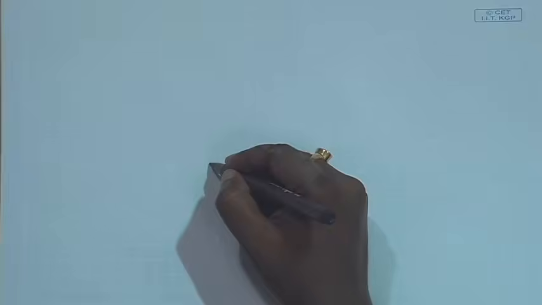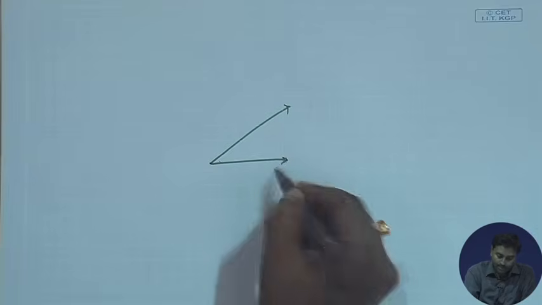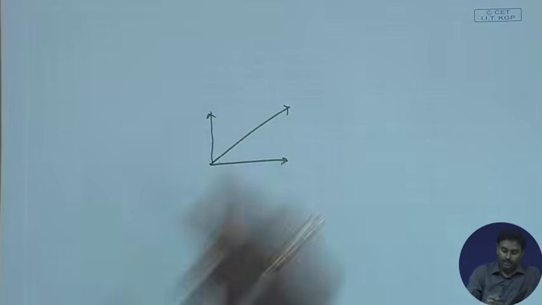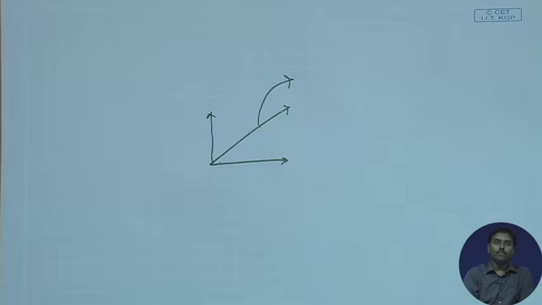What exactly is this? Take it from the vector analogy. We have already done a vector analogy for signals. If a particular vector is represented by a linear combination of two vectors, then what should be the strength of this vector?